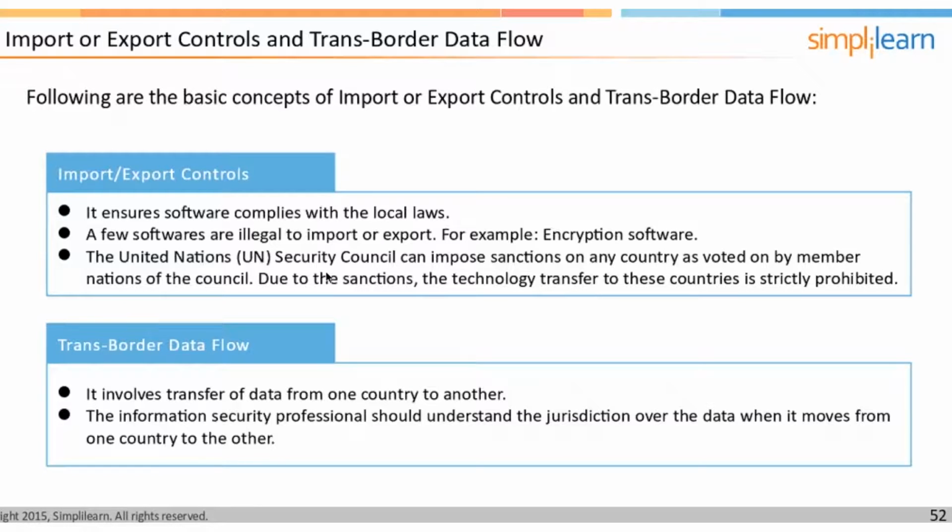You need to be aware of certain restrictions that the UN Council has imposed. For example, you cannot sell these security devices to certain countries, like North Korea or some of the Middle East countries. The reason they have been sanctioned is so that these devices are not misused.